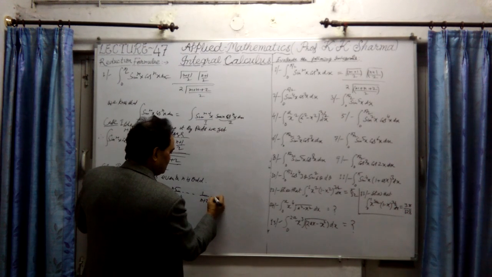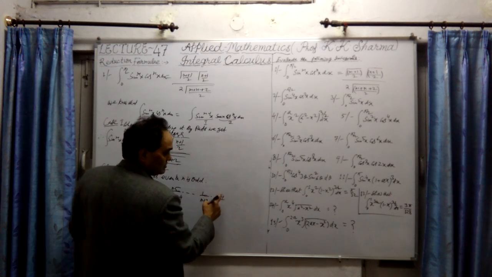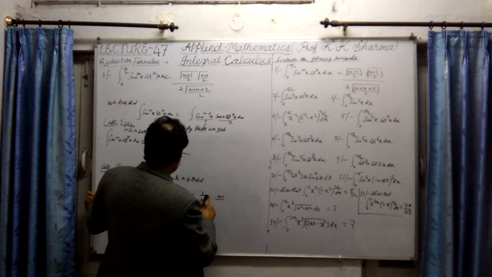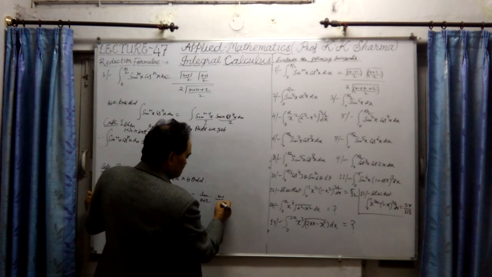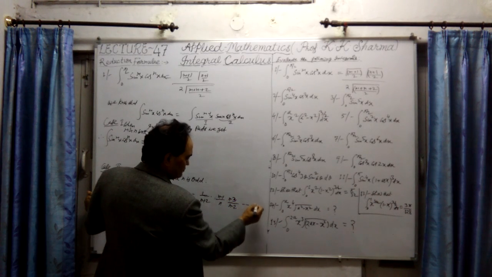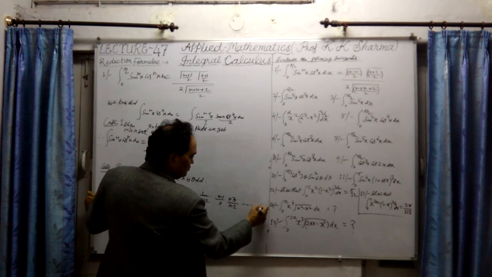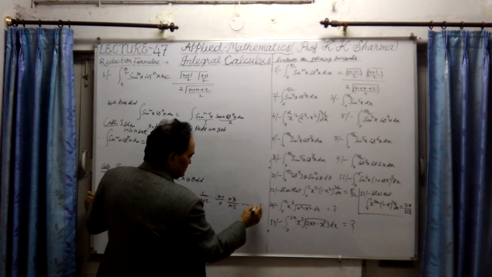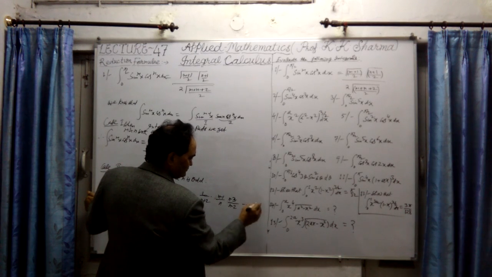But here it will start as n minus 1 upon n, and n minus 3 upon n minus 2, and so on. In the last step here, because it is an even function, it will be only 1 in the end. Before that it is 2 by 3, sorry, 3 by 2.